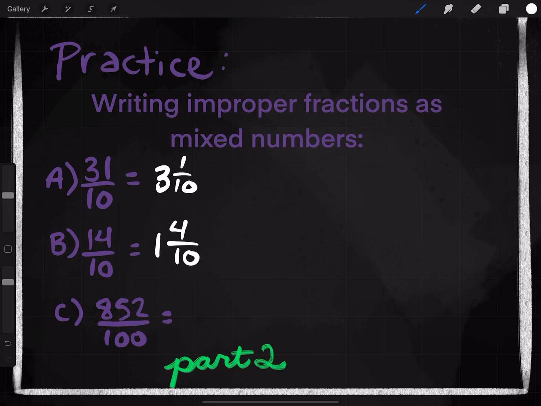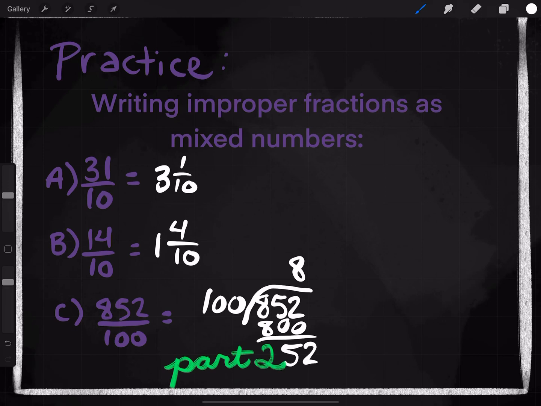And for this last one, I guess I'll show you in case this one is a little crazier. Okay, 100 times 8 is 800. So we get 52 here. So here we get 8 and 52 100ths.